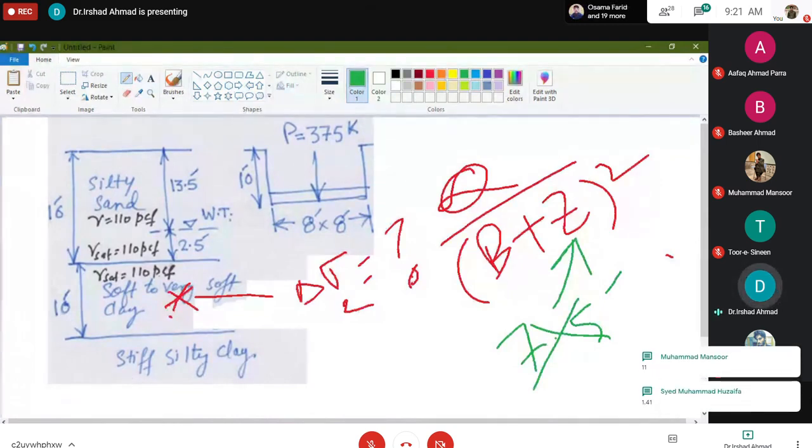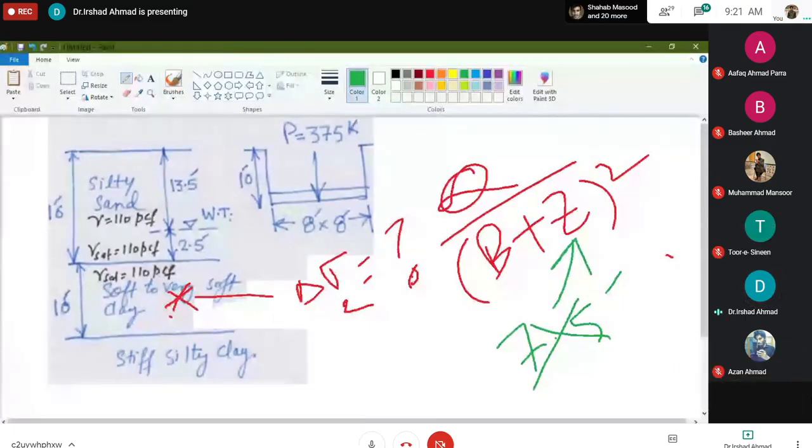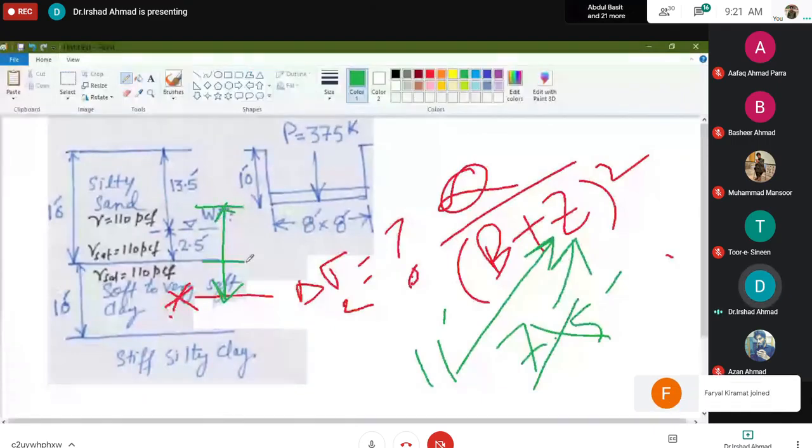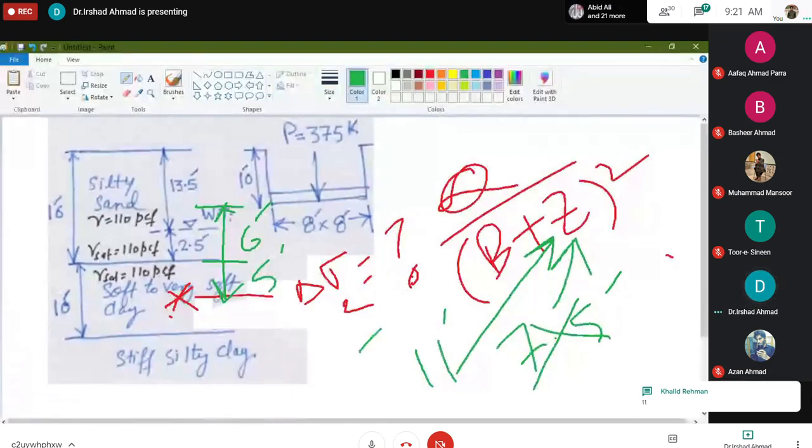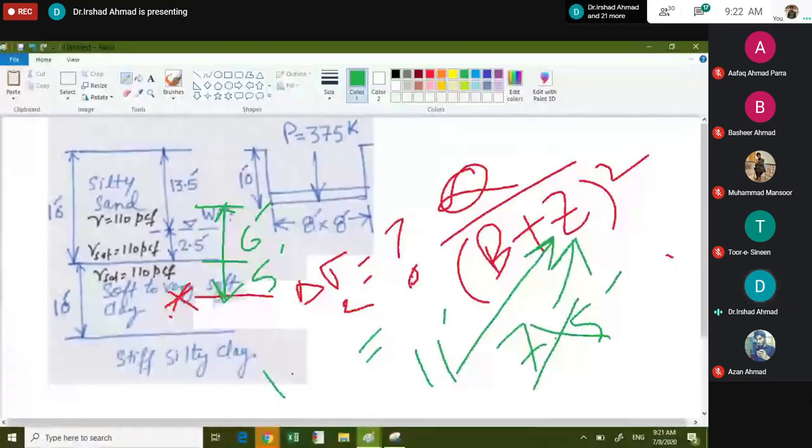Yes, Mansoor says it is 11 feet. अच्छा, z is from here to here. This is 6 feet and this is 5 feet, that is 11 feet, right? तो 11 feet पे क्या आ रहा है आपसे? 1.04 ksf.